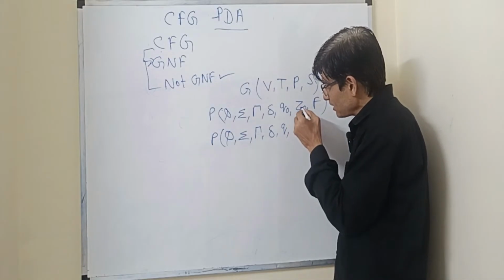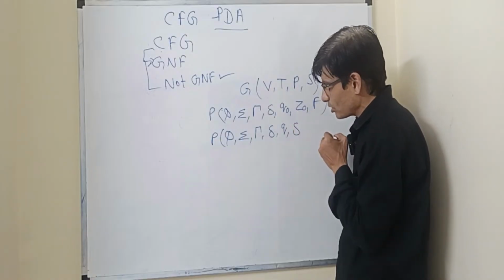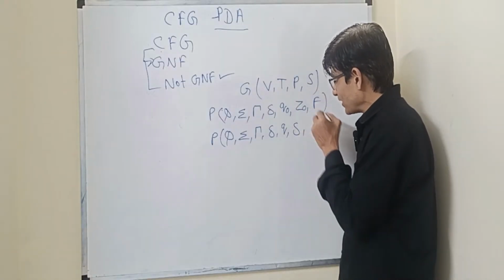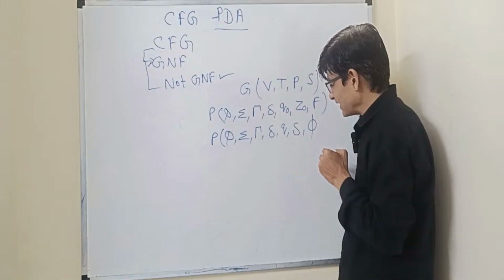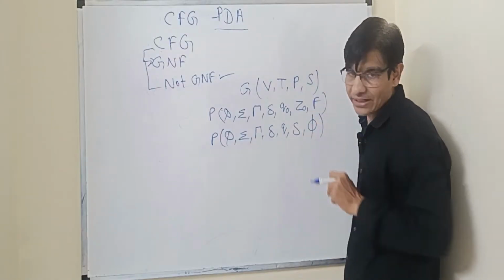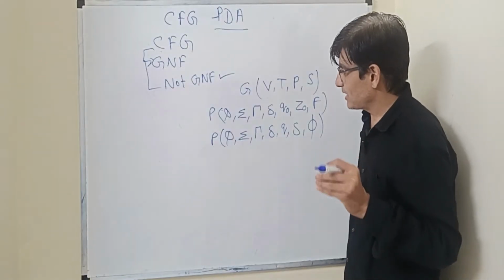And in place of Z0, we will use the start symbol of the grammar, and the set of final states would be phi, because there is no final state, as we are accepting all strings through empty stack.